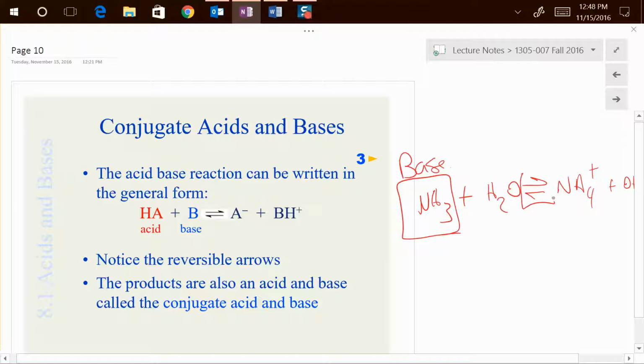Here I have a reversible reaction, meaning this creates an equilibrium. Remember how we talked about equilibriums? So that hydrogen is going to go on to NH3 and then come off of it, and then go back on, and then come off, and then go back on in equilibrium. It's a reversible reaction.